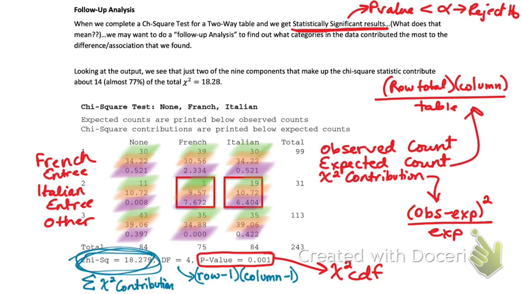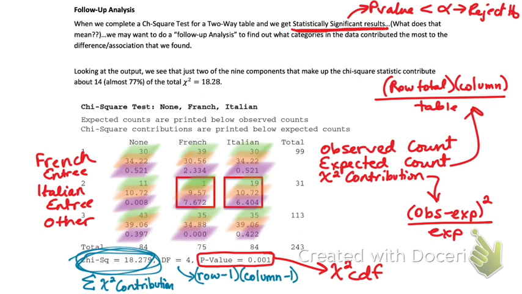When we don't have any music playing, we're getting pretty close to what we expect for the distribution of entrees. French entrees aren't really that influenced by changing the music from French to Italian. But the Italian food was really influenced when I changed from French to Italian music.